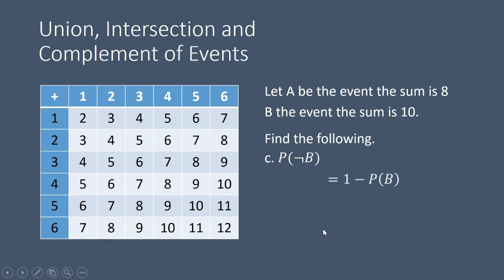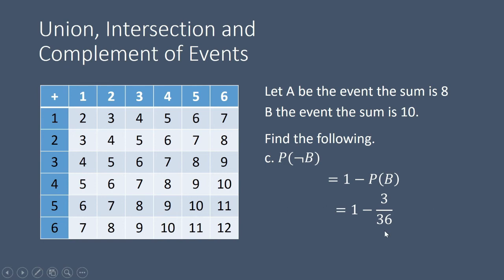So the probability of not B is equal to 1 minus the probability of B. And the probability of B is 3 over 36. So 1 minus 3 over 36. Some students really have poor basic math. They wouldn't know how to combine these two fractions.